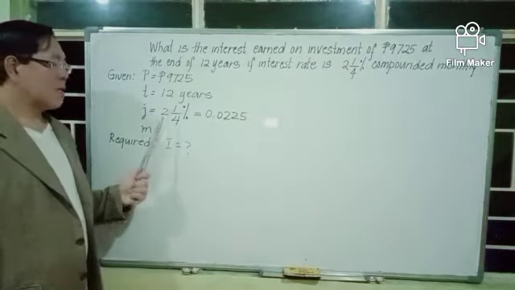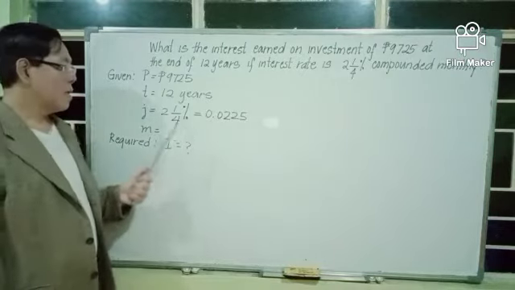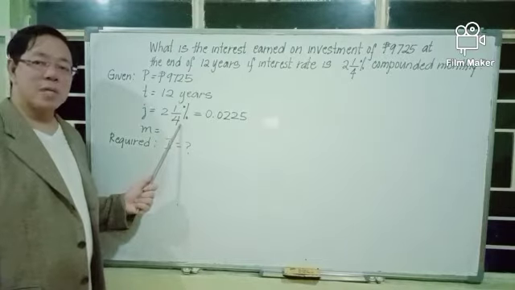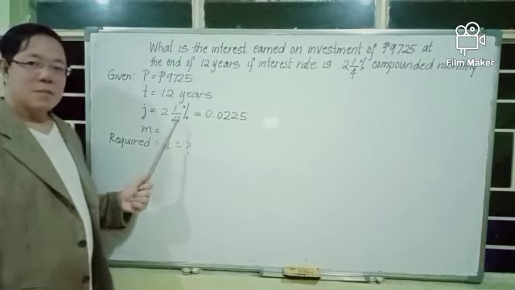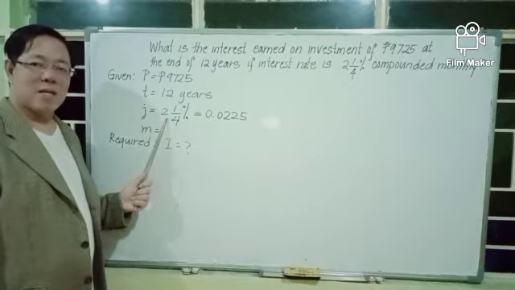Again, we convert 2 1/4% to decimal number. First, you divide 1 by 4. 1 divided by 4 is 0.25. And you add 2, you get 2.25%.